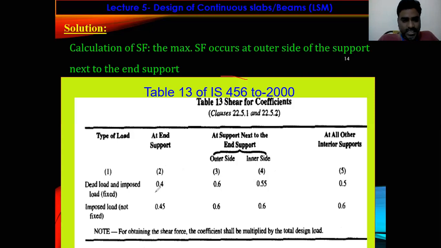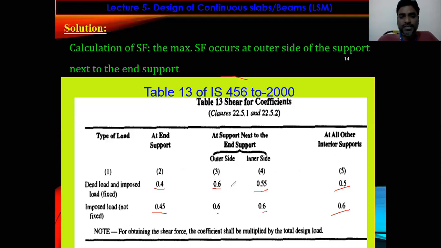Right? So here the factor for fixed is 0.4 and for not fixed is 0.45. And here there are two, as I explained earlier, the outer side and the inner side. For the outer side it is 0.6 and 0.6. For the inner side it is 0.55 and 0.6, the coefficients for fixed and not fixed. And for all other interior supports, for fixed it is 0.5 and for not fixed it is 0.6.